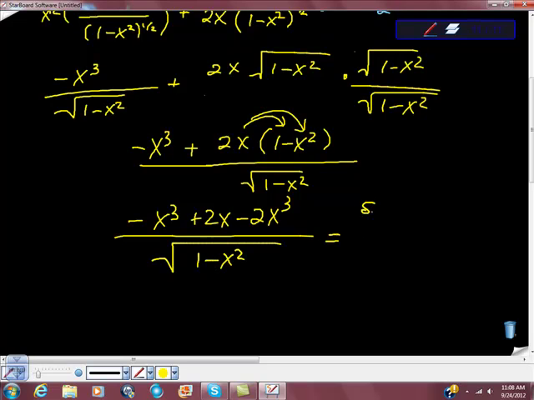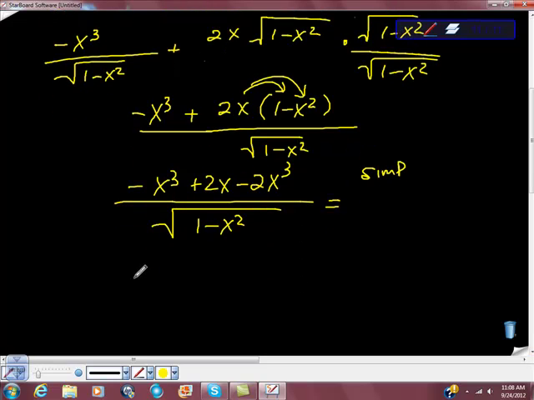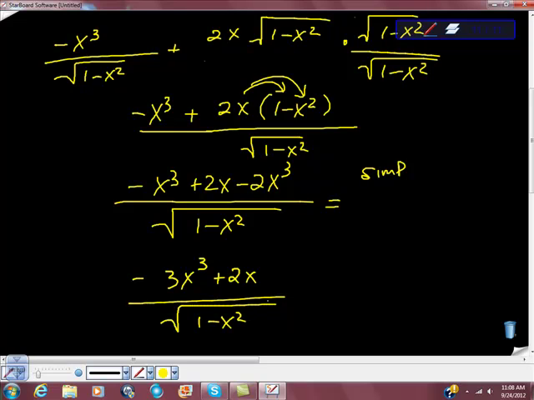I'm going to simplify this now, and we get negative 3x cubed plus 2x all over square root of 1 minus x squared. Just a ton of algebra.